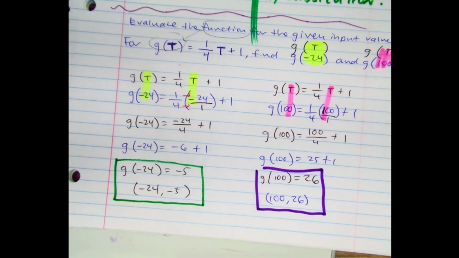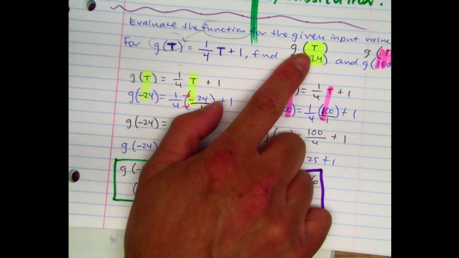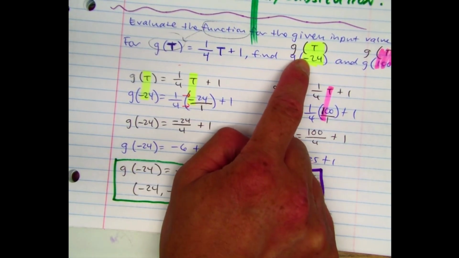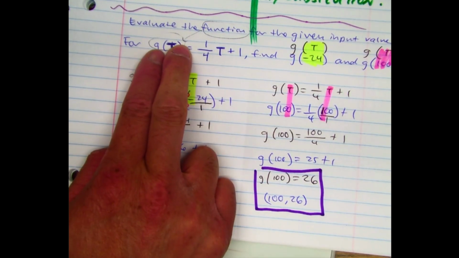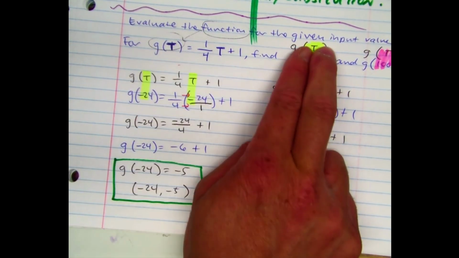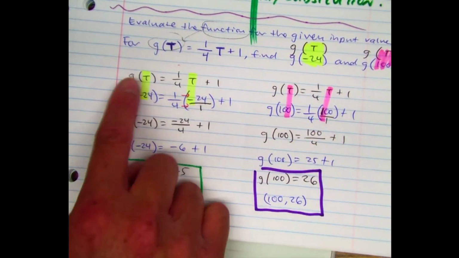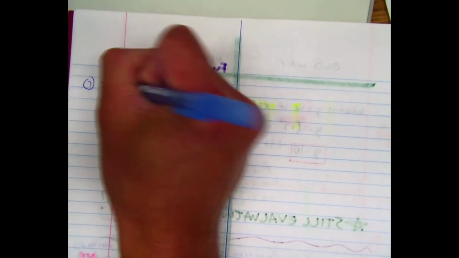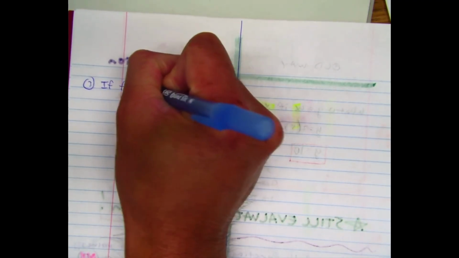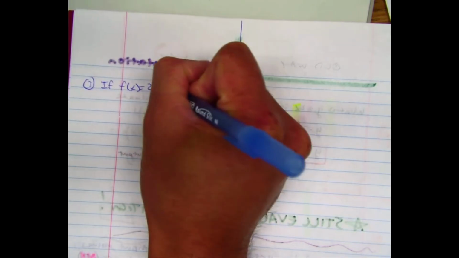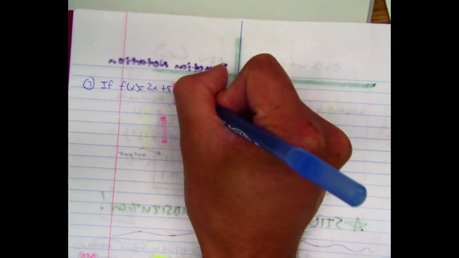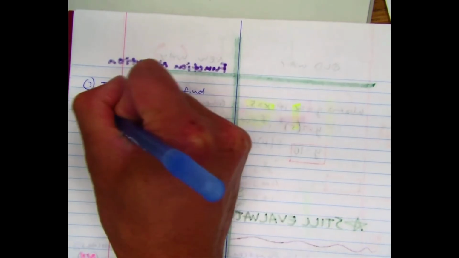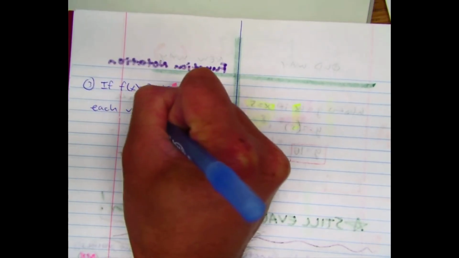So for function notation, you're still doing a substitution. You're essentially evaluating. The only difference is we have this thing called function notation. Place it above your input as a clue, and it tells you what to substitute. Number 3, it tells us if f of x equals 2x plus 5, find each value.